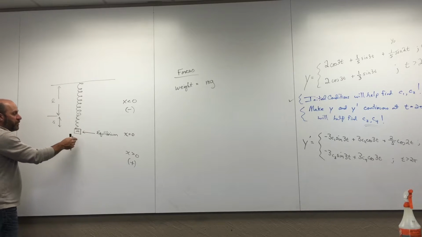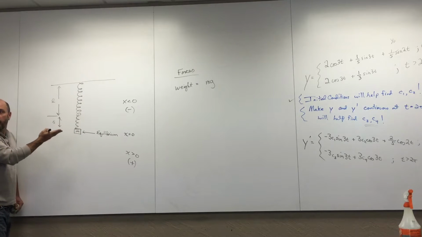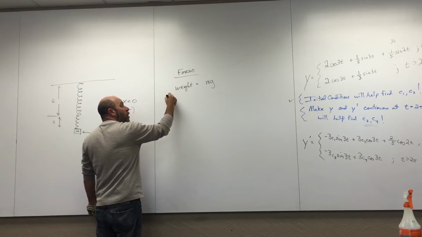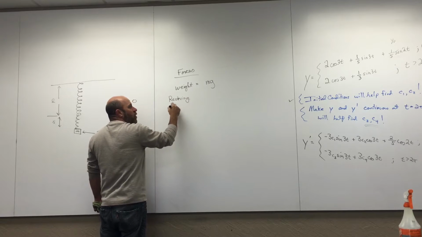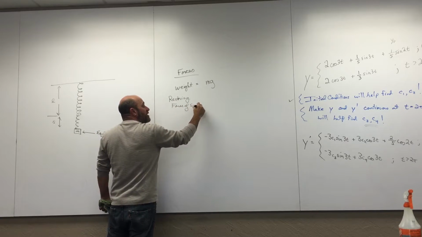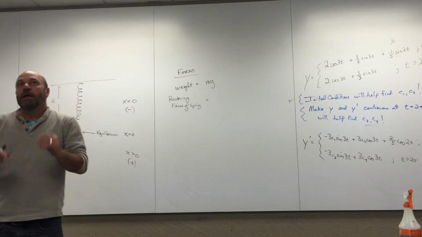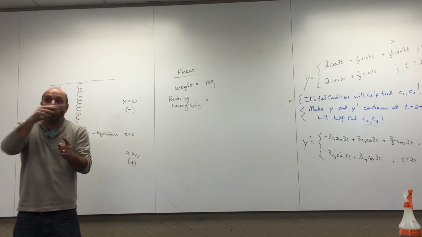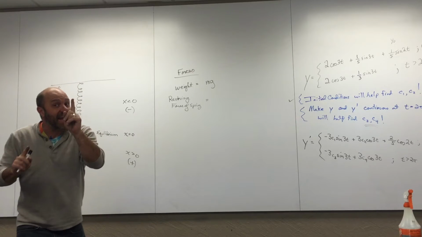You're right. I mean, the gravity wants to pull this down, but the spring wants to pull it back up, right? And what the book calls it is the restoring force of the spring. It's the force of the spring, but they call it the restoring force. And if we remember way back, according to Hooke's law, the force of a spring is directly proportional to the distance it is away from its natural length.